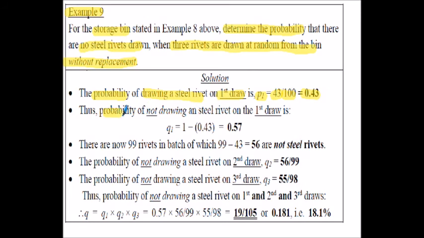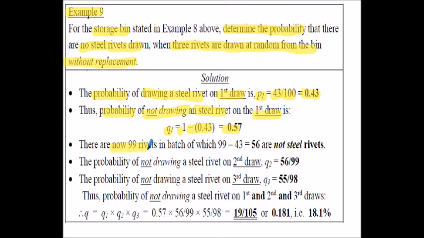So the probability of not drawing a steel rivet on the first draw will be one takeaway P1. So Q1 is one takeaway the 0.43, so 0.57 probability that you will not draw a steel rivet on the first draw.